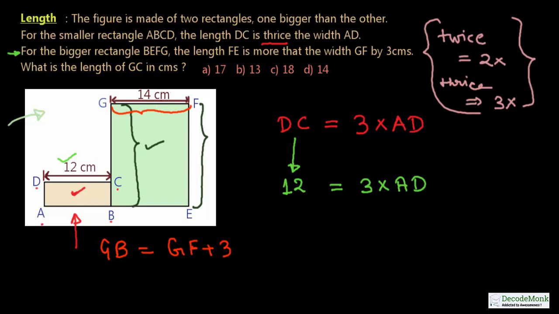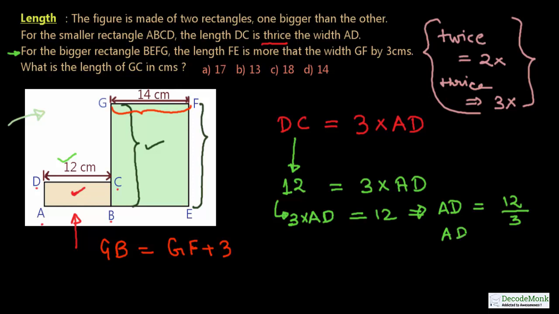So first of all, for such type of question, you have to numerically represent the statements. So from this particular statement, you can find out that if AD multiplied by 3 is equal to 12, we can say that AD is equal to 12 divided by 3.